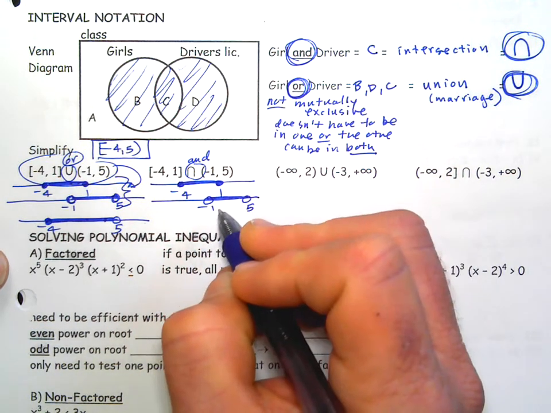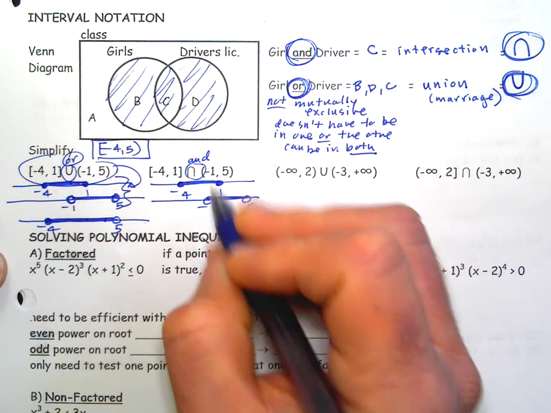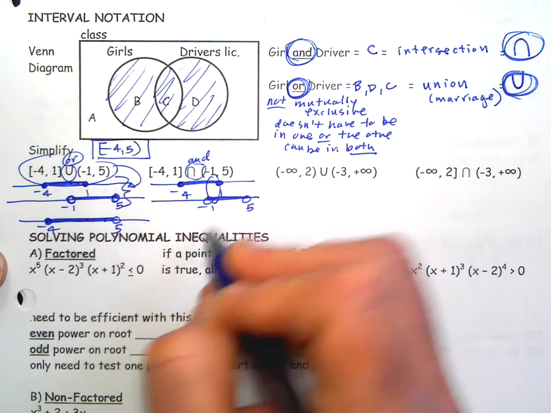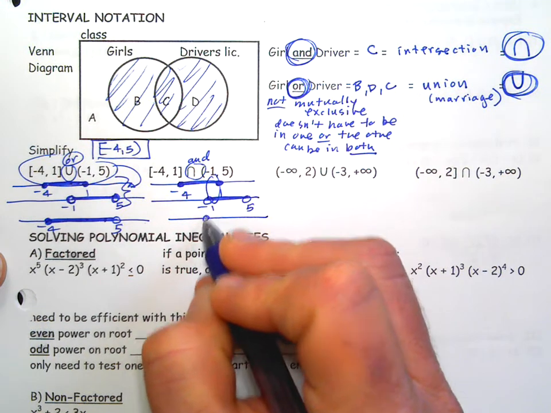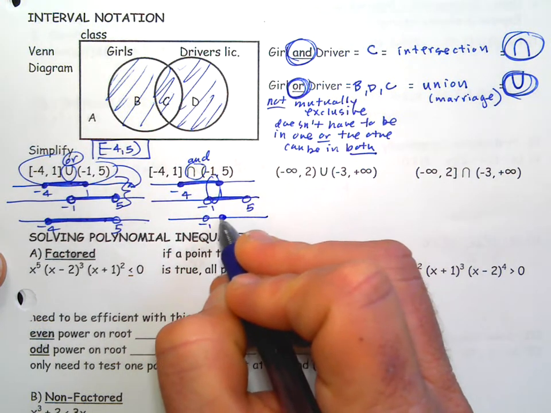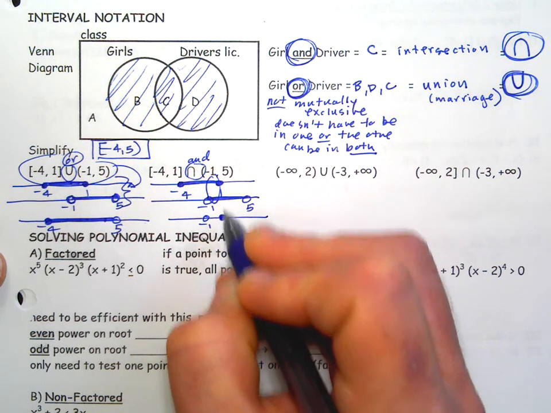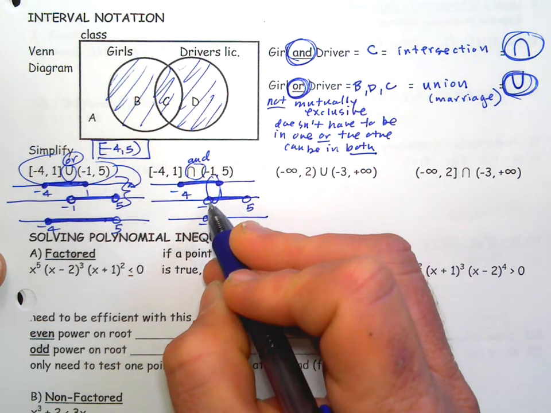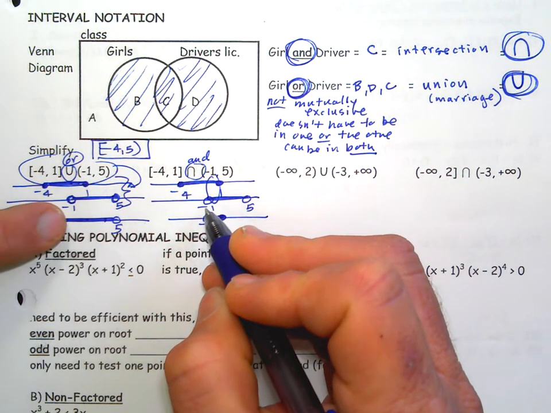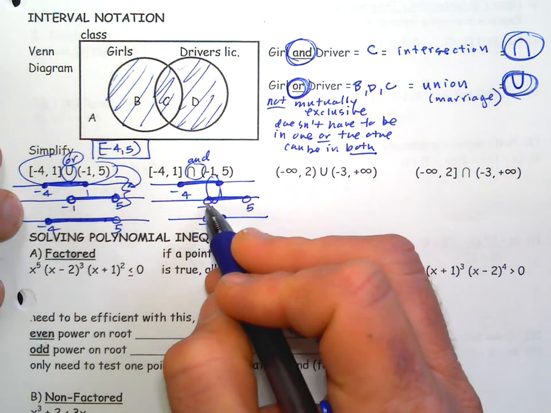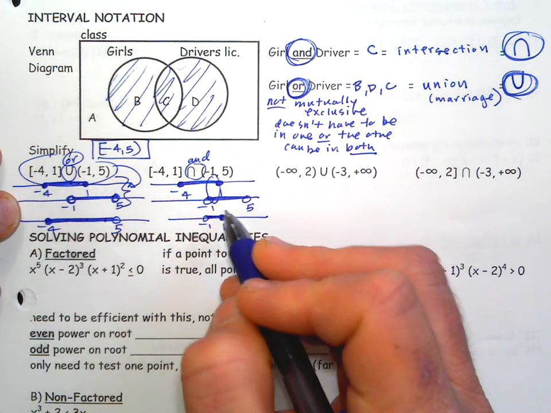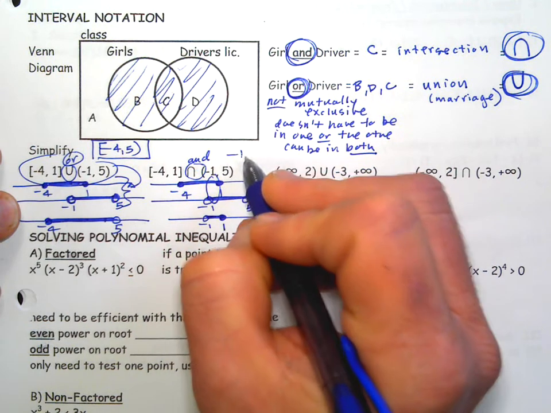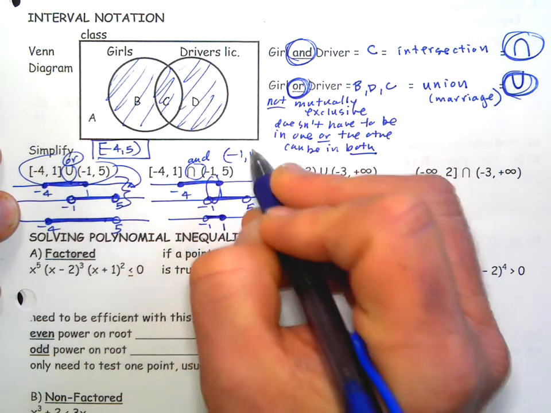Now, intersection means that they have to both include it, and that's this region here, and you could draw a picture of it if you want. I think the last picture isn't as necessary, but it's going to be this. And we're going to leave -1 out, even though we included it last time, because -1 does not belong to both. But 1 belongs to both, right? So your answer is -1 to 1, parenthesis, bracket.